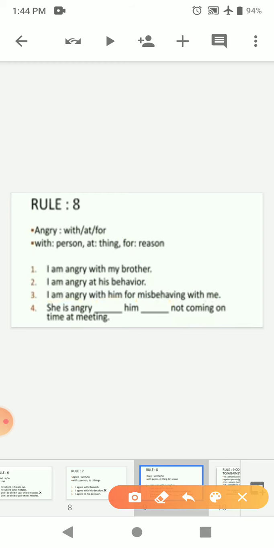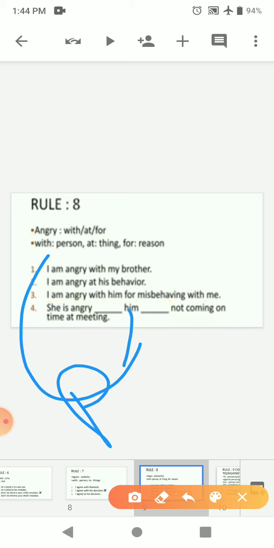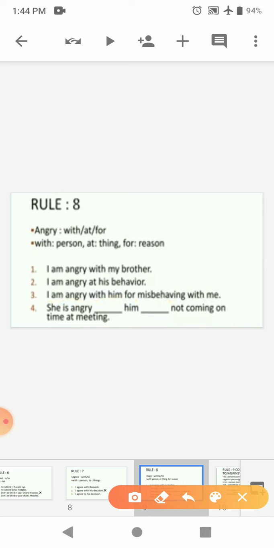So here we have this fill in the blank. She's angry. Him is a person, directly talking about a person. She is angry with him, not coming on time at meeting is a reason, so it will take for.